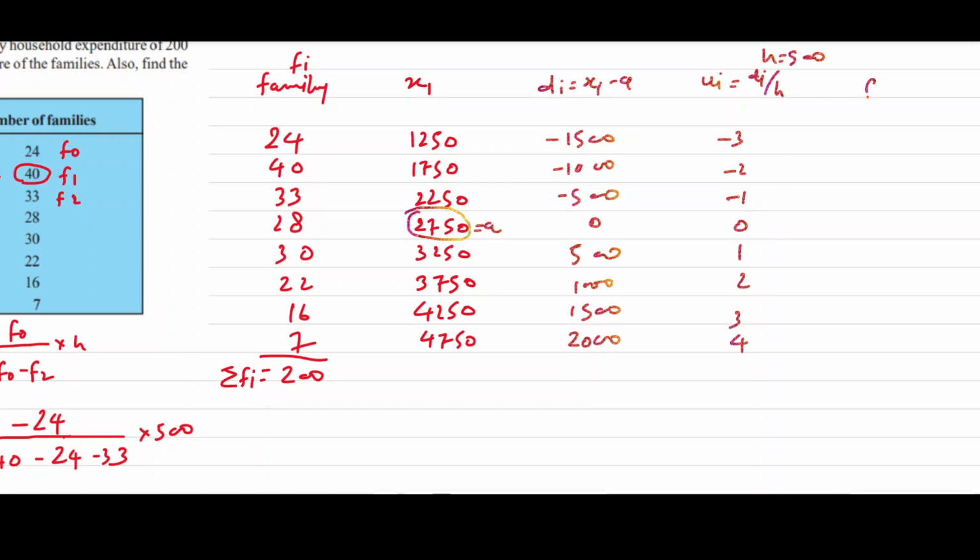Now what is the value of fi ui? This is the rule. Multiplying fi and ui, this will be minus 72, minus 80, minus 33, then 0, then 30, 44, 48, 28.